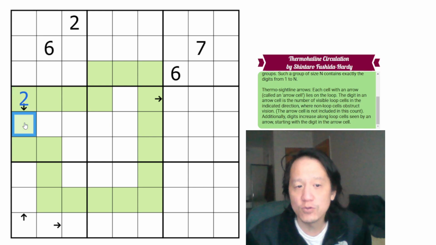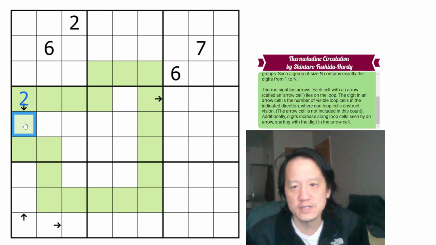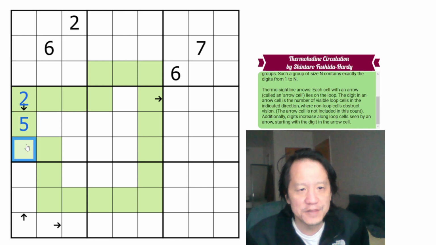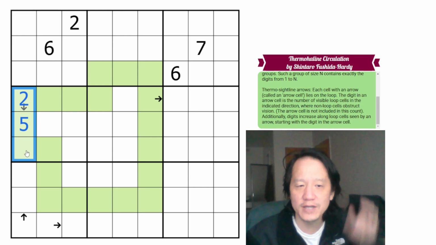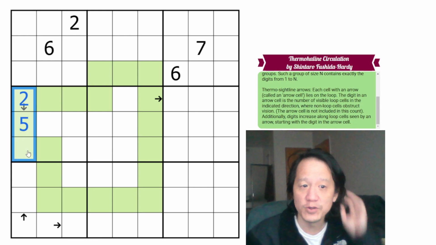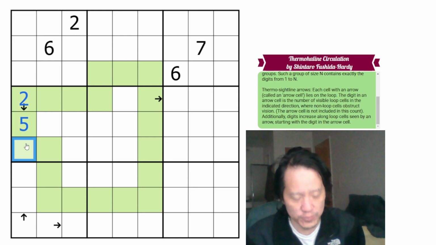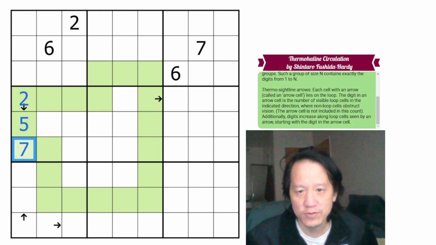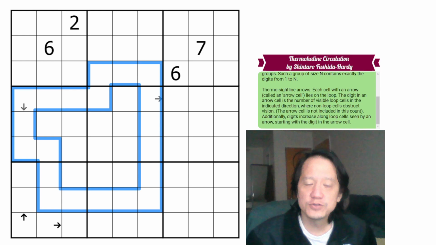This would have to be greater than 2 because it has to be continuously increasing. So let's say this could be a 5. And then this would have to be greater than that one because it's always continuously increasing. So it acts like a thermometer, if you're familiar with the thermometer rule set. So this could be like a 7 or whatever. And that would work. And those are all the rules.